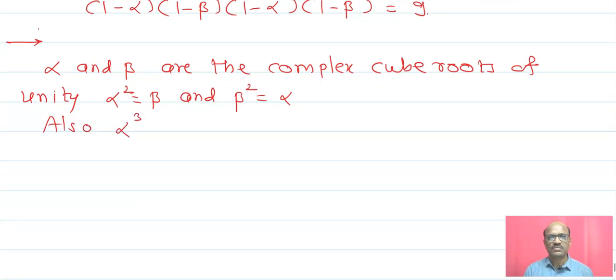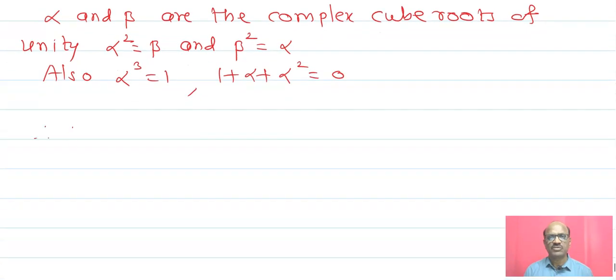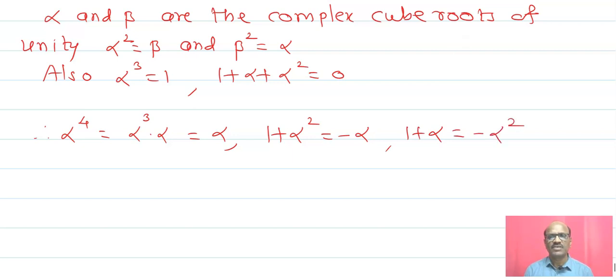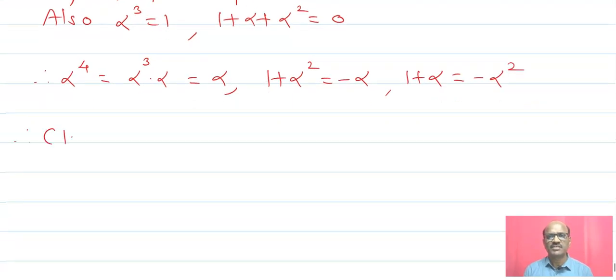Also, alpha cube is equal to 1. Therefore, 1 plus alpha plus alpha square is equal to 0. And that's why alpha raised to 4 can be written as alpha cube into alpha, that is alpha. 1 plus alpha square is equal to minus alpha, and 1 plus alpha is equal to minus alpha square. By using the above relations, it's very simple.